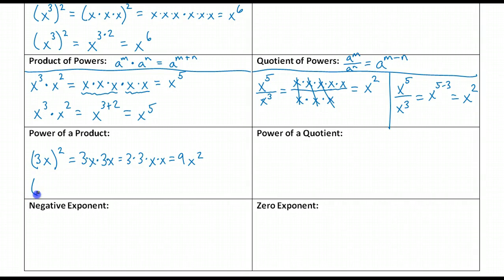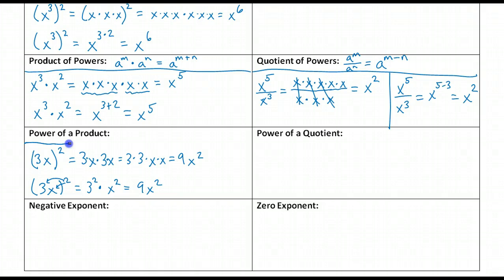So my shortcut would be to distribute this squared to the 3 and to the x. And I can distribute because I'm multiplying between those two numbers. I can distribute exponents over multiplication. 3 squared times x squared, which is 9x squared.